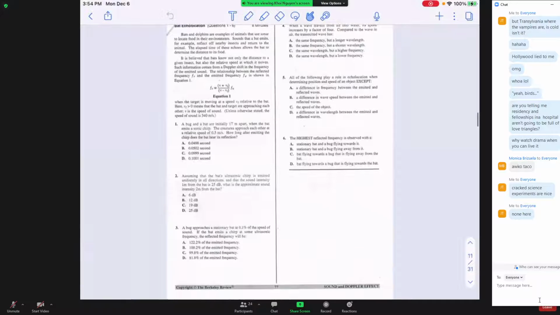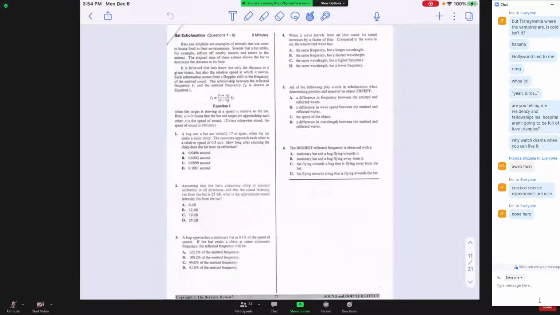So let's give you the answers. For those who have to leave, they can leave, and if you want to stay for going over the problems, we'll do that after. Number 1 is C as in Charlie. Number 2, C as in Charlie. Number 3, B as in bat. Number 4, A as in alpha. Number 5, B as in beta. And 6, D as in delta.